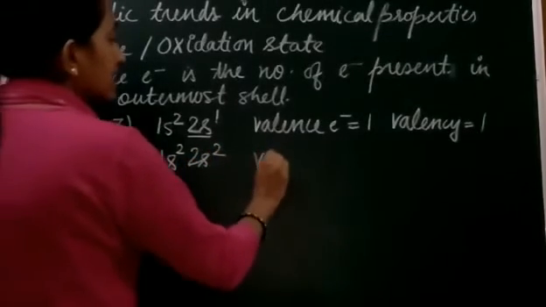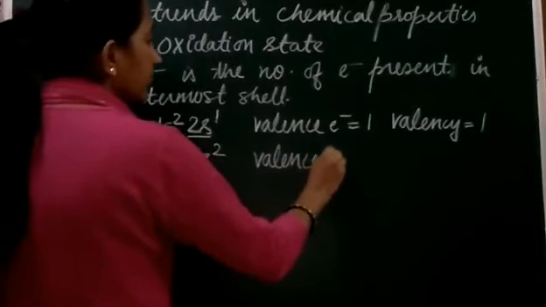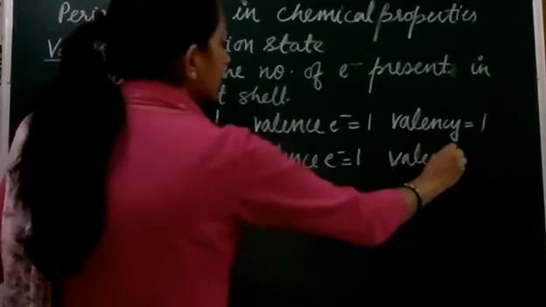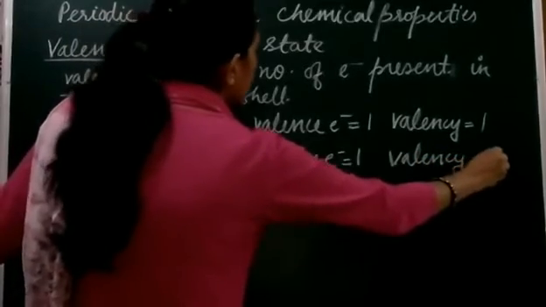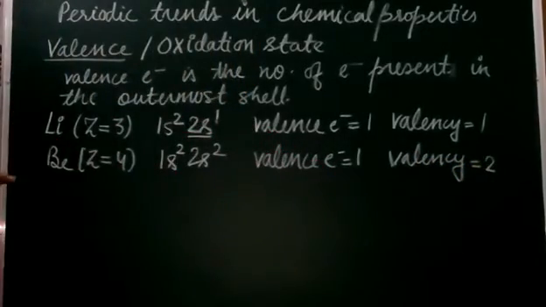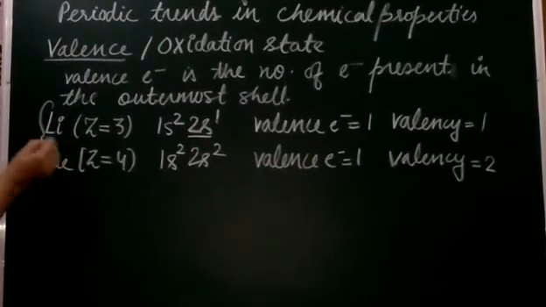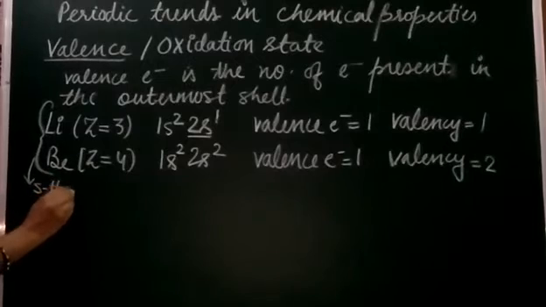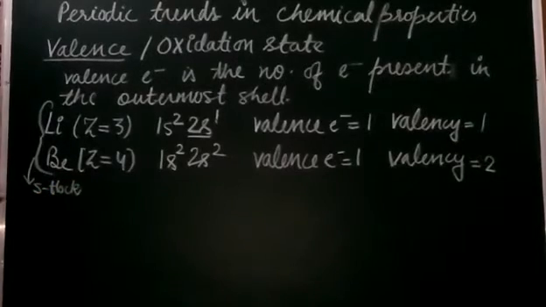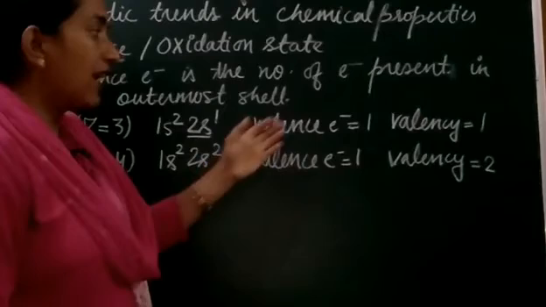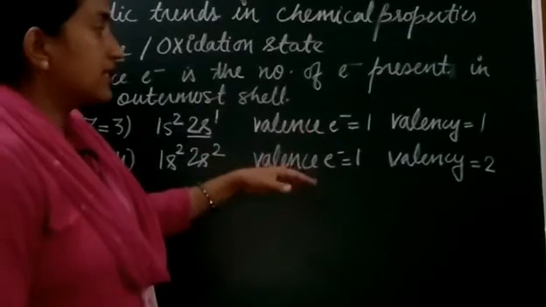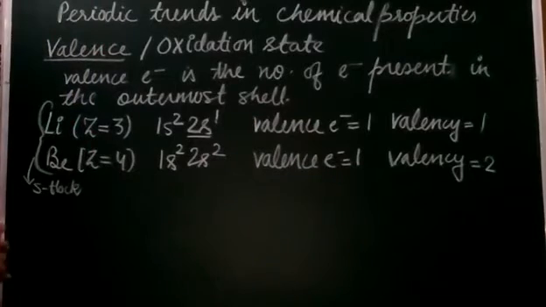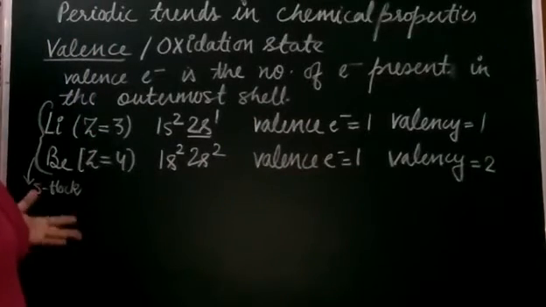So here the valence electron is 2, and students, valency is 2. Right. So these two are the representative elements and they belong to the S block. So for the S block elements, the number of the valence electrons will be considered to be the valency, or it will be known as the combining capacity of that particular element.